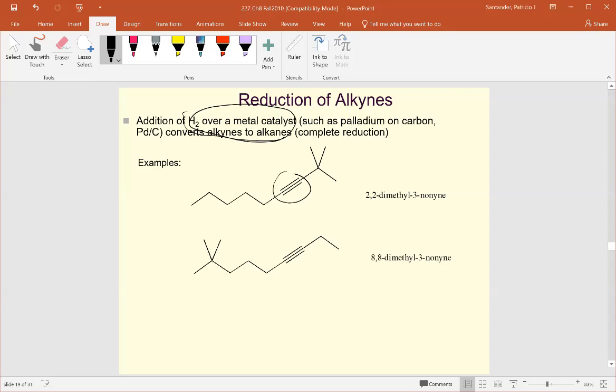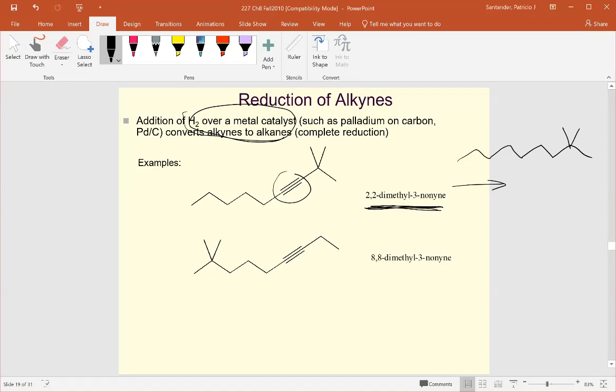Results are rather interesting here. If you have the 2,2-dimethyl-3-nonyne and you reduce that, what do you get? You will get a 9 carbon atom compound, 2, 3, 4, 5, 6, 7, 8, 9, with a couple of methyl groups on the second carbon atom, right?